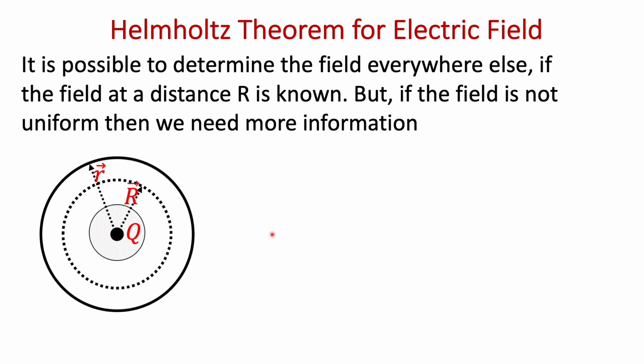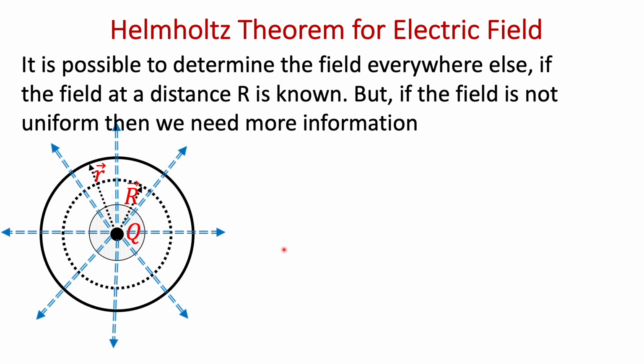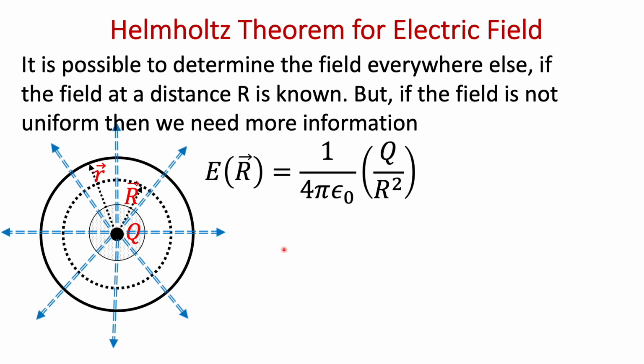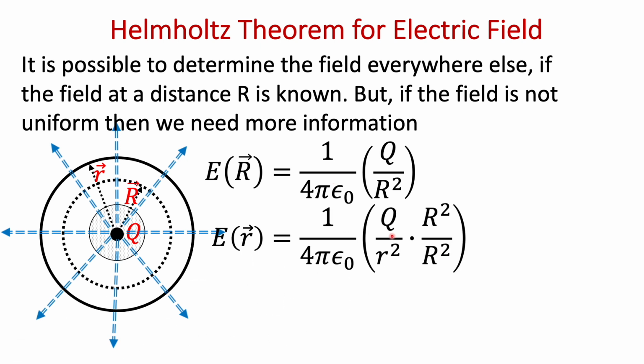For example, if you have a charge q in a sphere, then the electric field at the distance capital R due to this charge is 1 over 4 pi epsilon naught q, the total charge, divided by R squared. And the electric field at a small distance r is 1 upon 4 pi epsilon naught q divided by r squared. Then we multiply by R squared and divide by R squared as well.